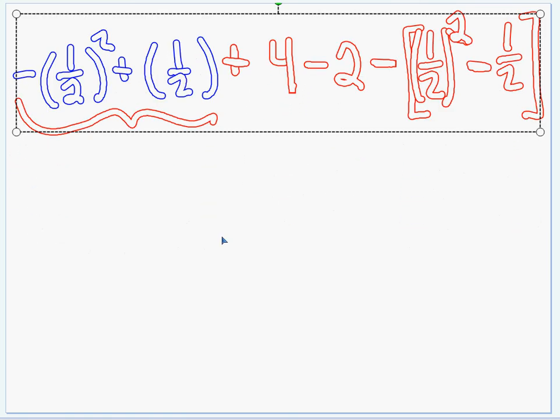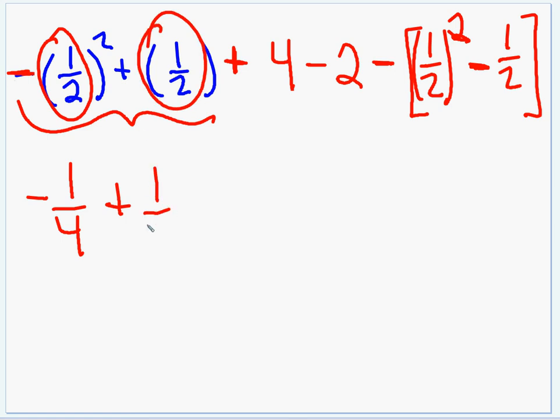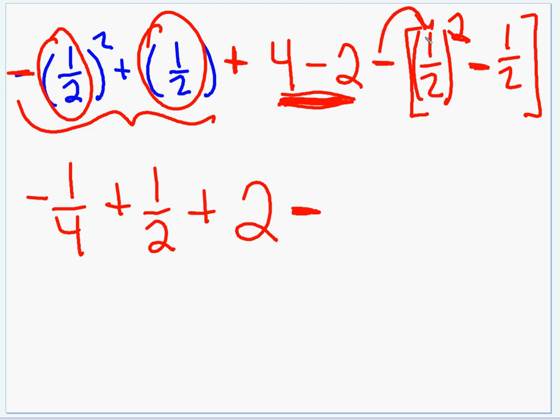So just some arithmetic. 1/2 squared is a fourth, and it's negative. Negative a fourth. Plus a half. Plus 4 minus 2, that's 2. And now we are going to subtract. Here I'm going to distribute this negative. So distribute there, that's going to be a half squared or a fourth, minus a fourth.